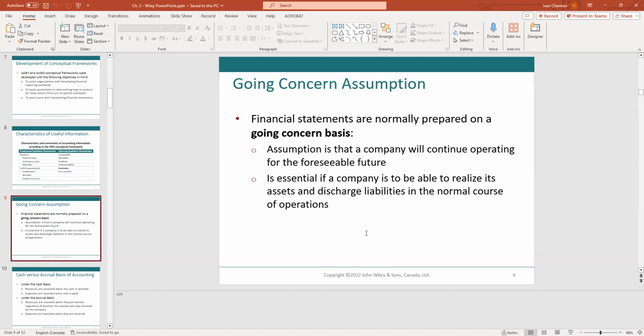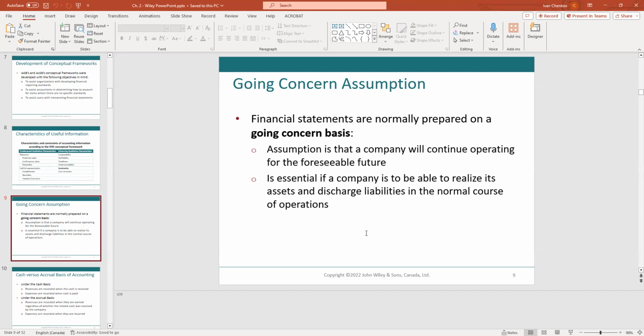So going concern means that this company is not going to shut down in 2 months. It's essential for the company to be able to realize its assets and discharge its liabilities in the normal course of operations. So that means the company is not going to disappear just like that.